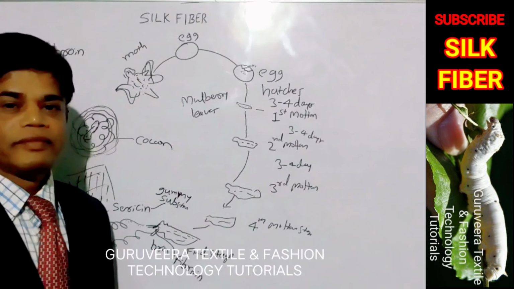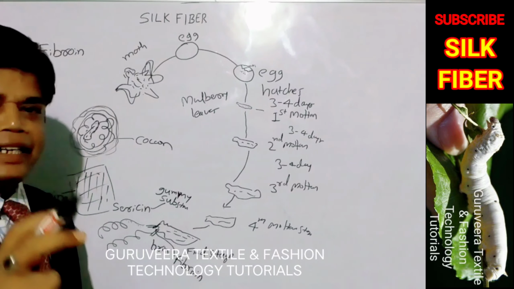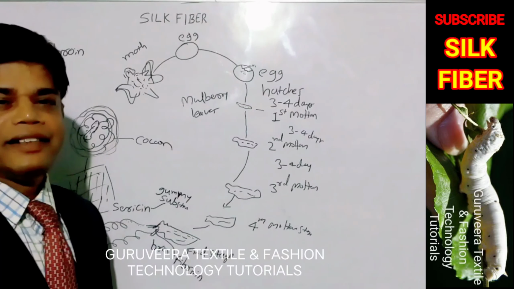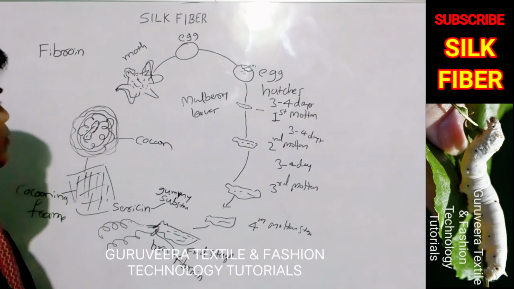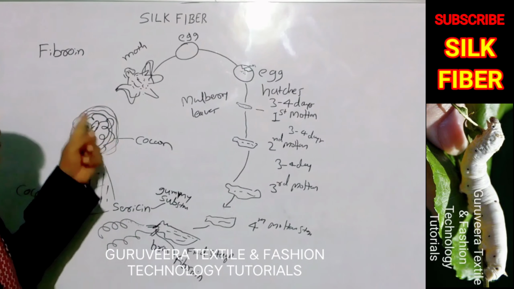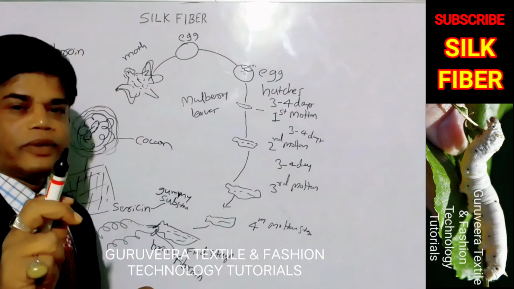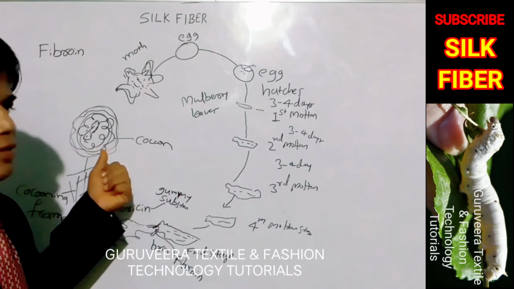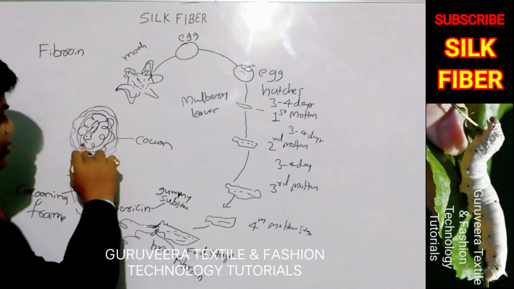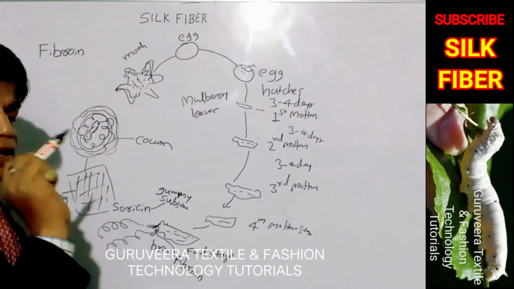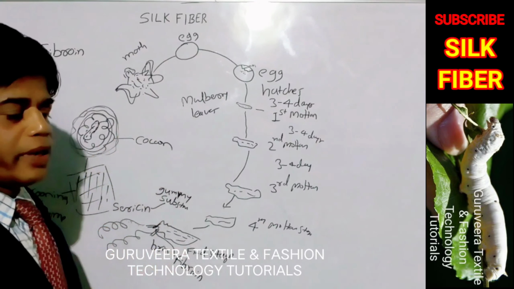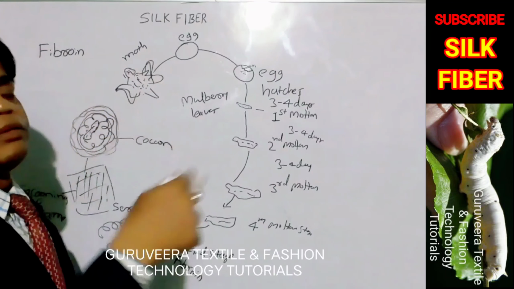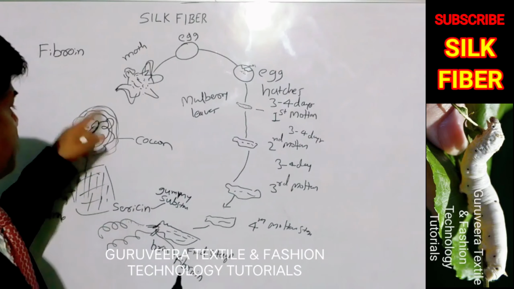Inside, the silkworm is dedicating itself. I'm using the word dedicating. It is dedicating its life to form a cocoon for the use of humans. The continuous filament keeps revolving around its body, making more revolutions and forming the ball.